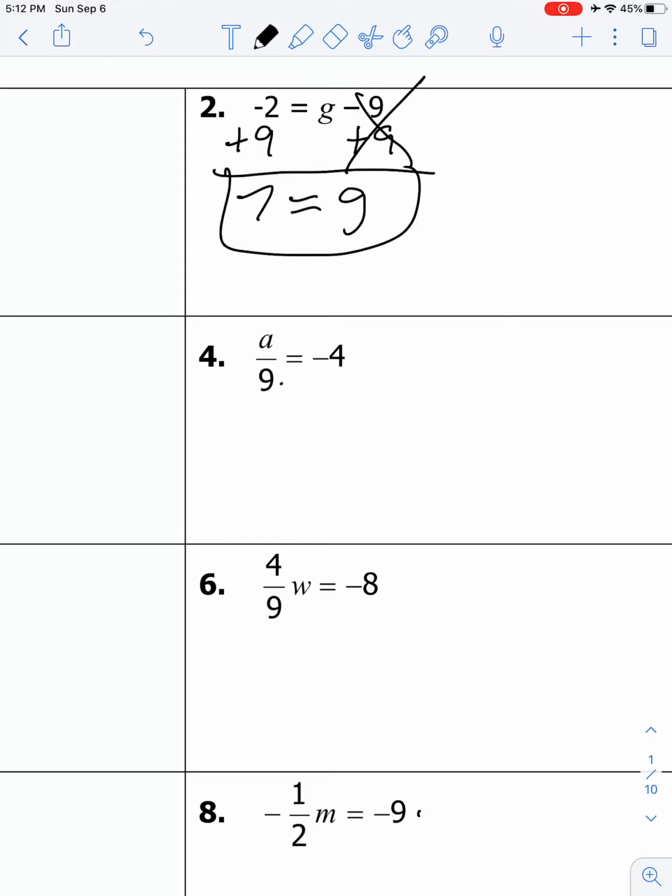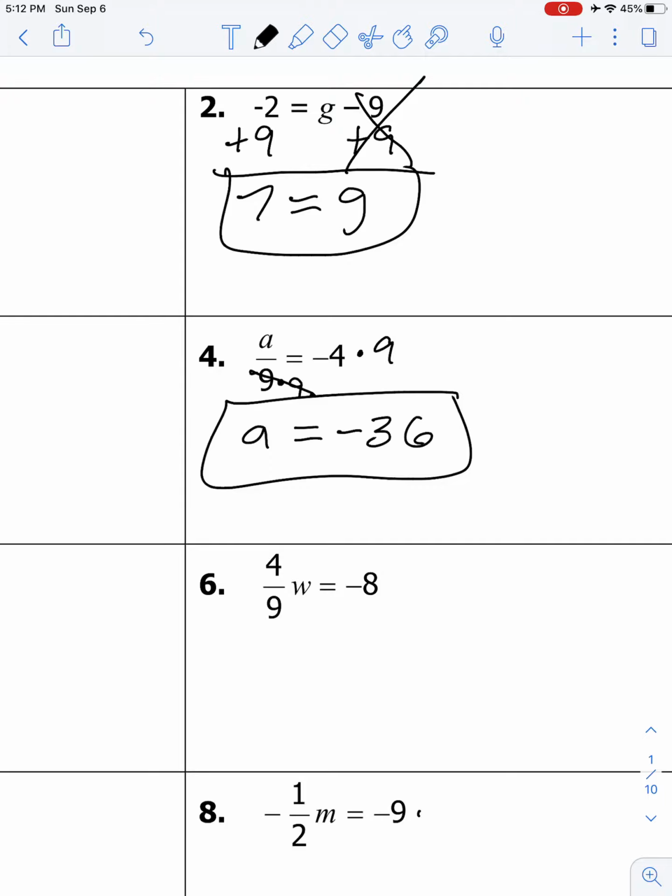So I'm going to multiply by 9 on each side. And what that does is that cancels the bottom of the fraction, leaving me with just an a. And then negative 4 times 9 is negative 36. And that would be your answer.